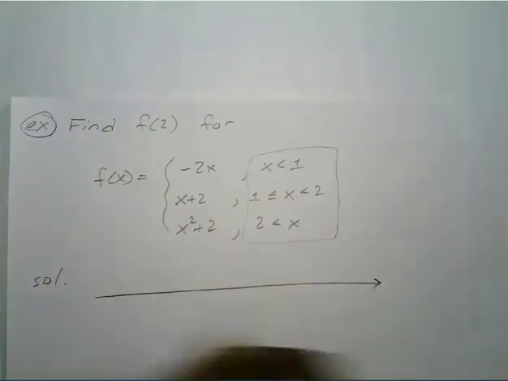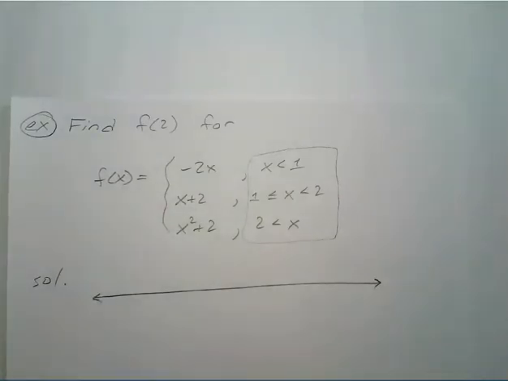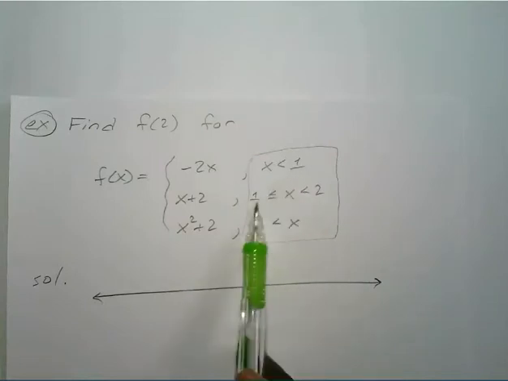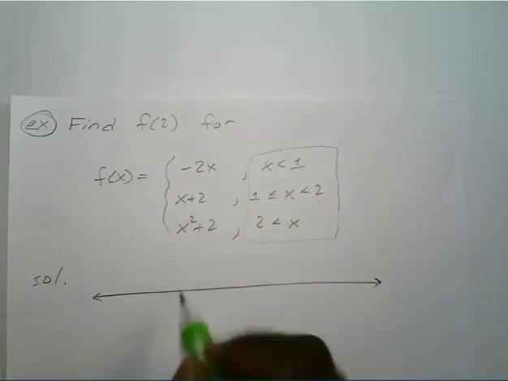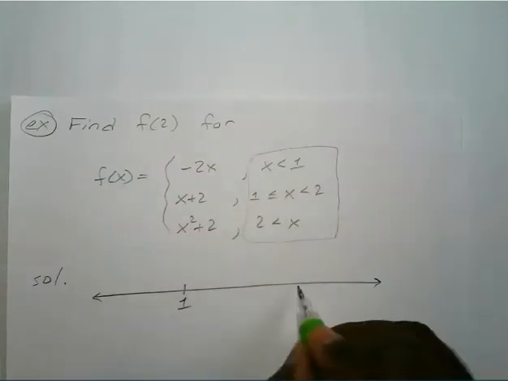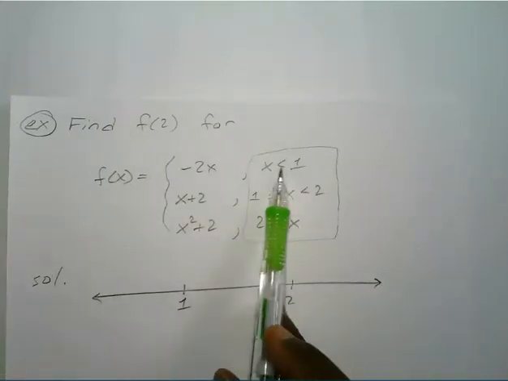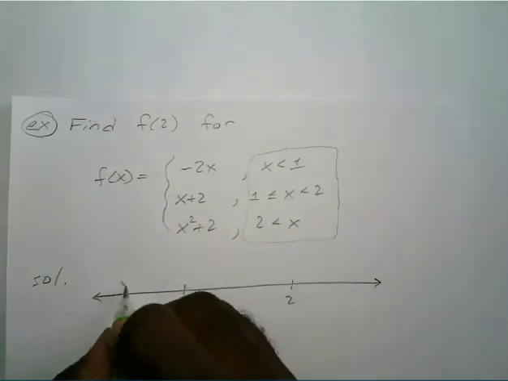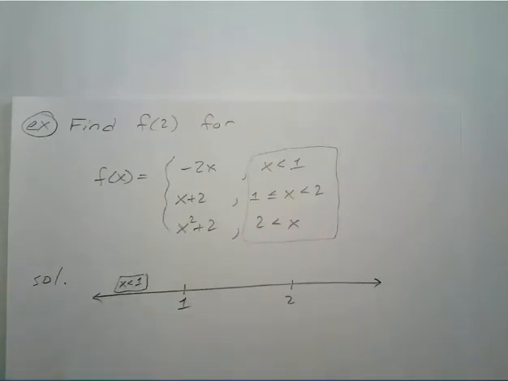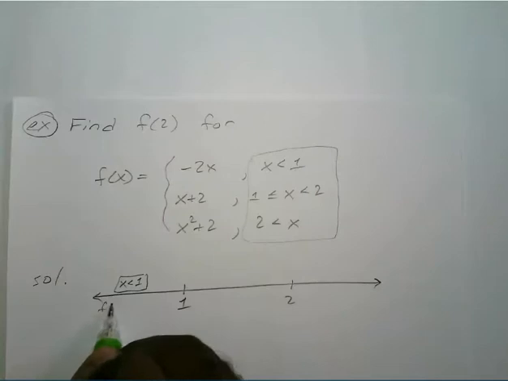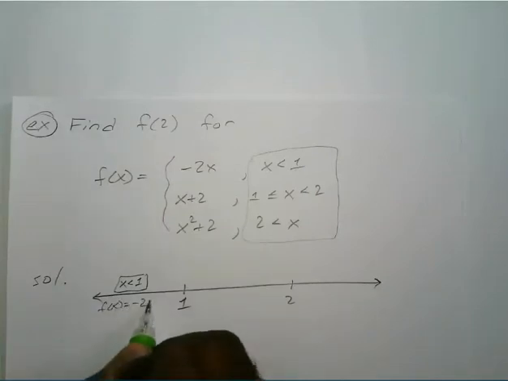Okay, so we're going to go ahead and draw our number line. But in this case, you have 1 and 2. Okay, so we go ahead and just put our 1 and our 2. Alright. So we know here that x is less than 1. Okay, so when x is less than 1, we know that our f of x equals negative 2x.